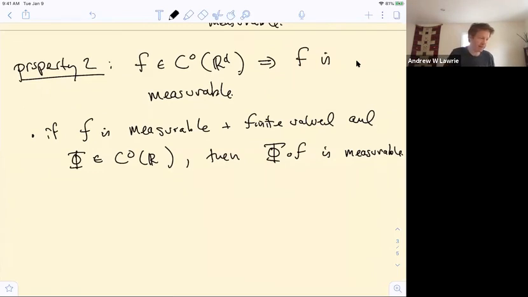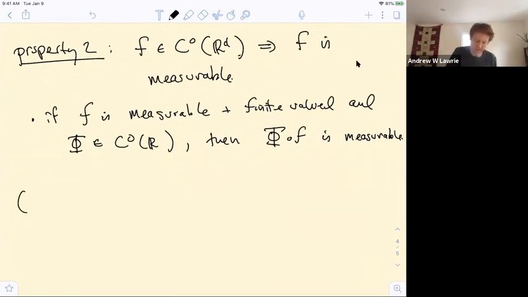And again, so how to see this? Phi continuous. I'll just write the proof in parentheses real quick.